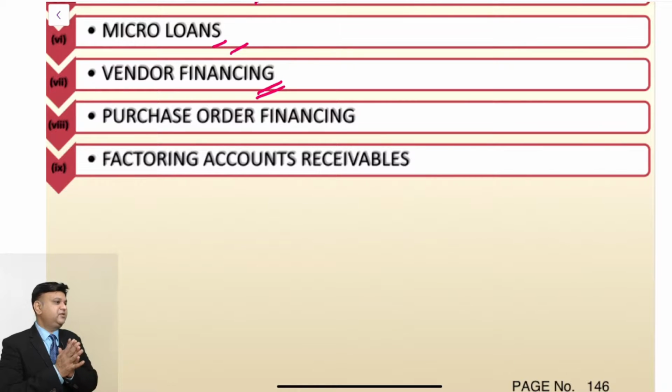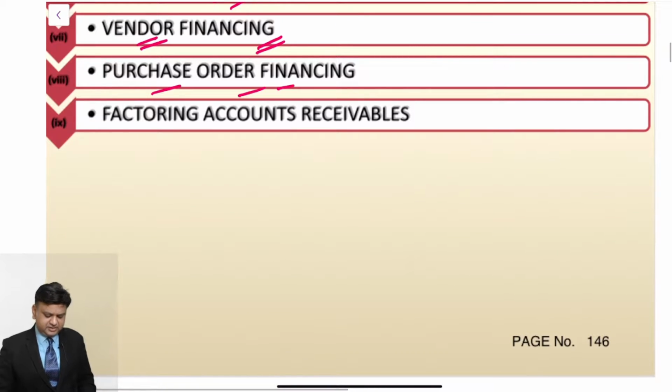We understand that if it is a Bajaj company, then the Bajaj company will have its own financing channel. So the Bajaj company will be able to do business on one side, and at the same time it will be able to get interest on the loan given to the borrower. That is vendor financing.